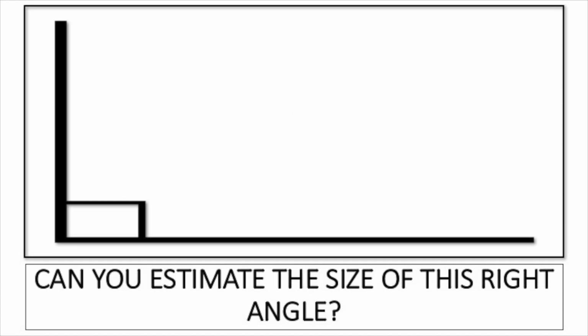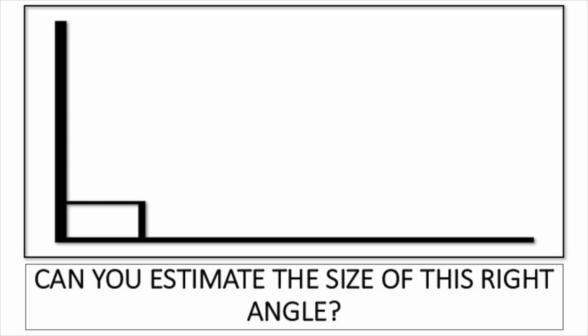Can you estimate the size of this right angle? So what do we think? 90 degrees. Yes. Why do you say 90 degrees? Yes, a right angle can only ever be 90 degrees.